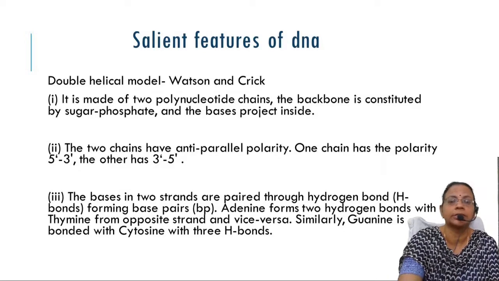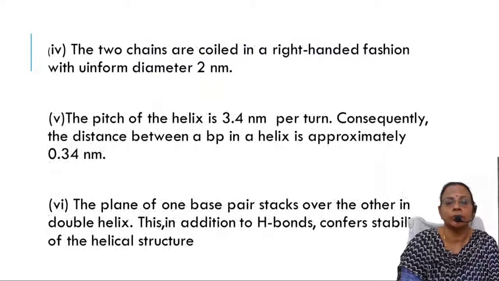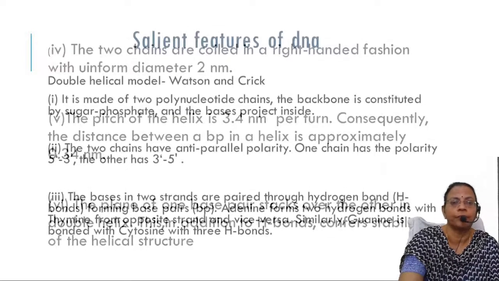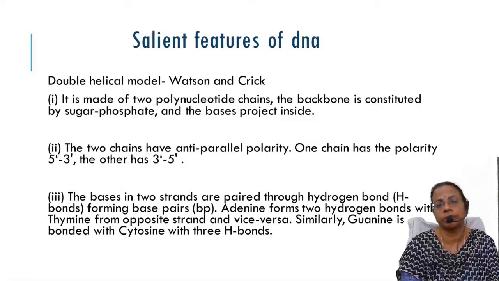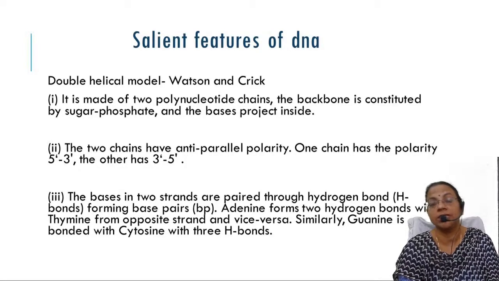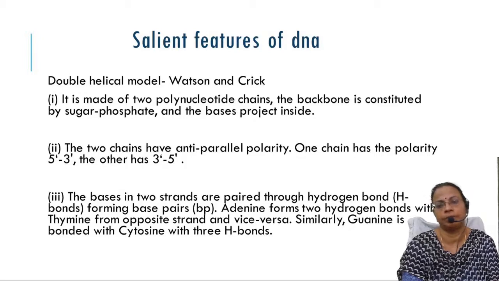So Watson and Crick said the DNA is made up of 2 polynucleotide chains, which are helically wound in a right-handed manner. They compared it with a spiral staircase.